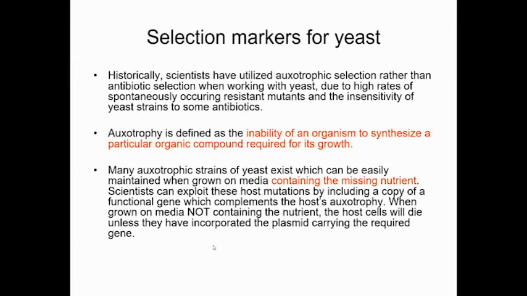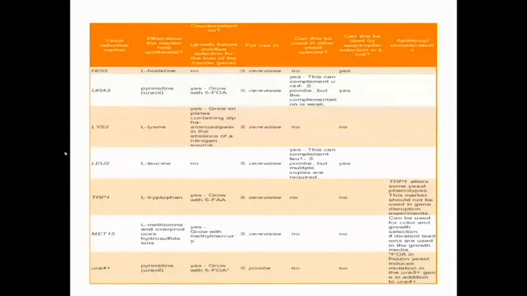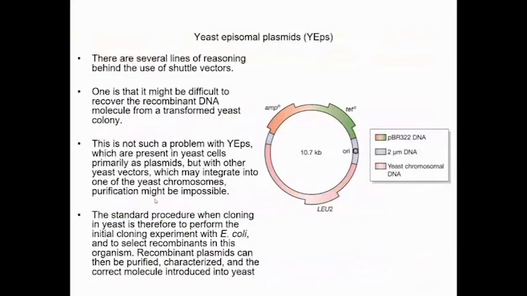Okay, that's the auxotrophic mutant. And these are commonly used selection markers for the yeast cell, like HIS3, URA3, LYS2, LEU2, TRP1, all right? So for example, HIS3 means it produces histidine, right? And then LEU2 for leucine, TRP1 for tryptophan. So these are commonly seen selection markers for Saccharomyces cerevisiae.